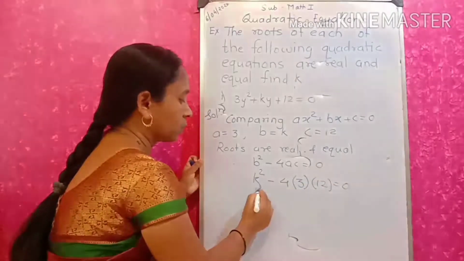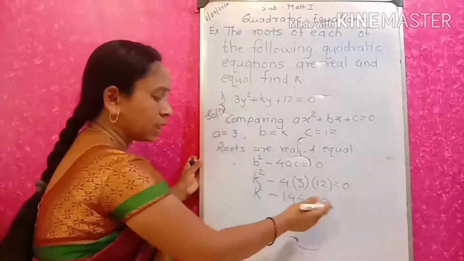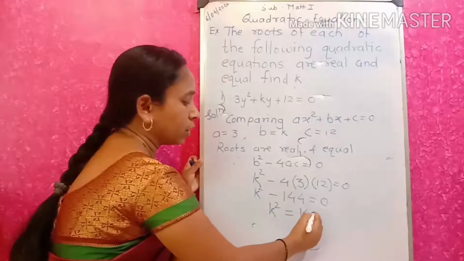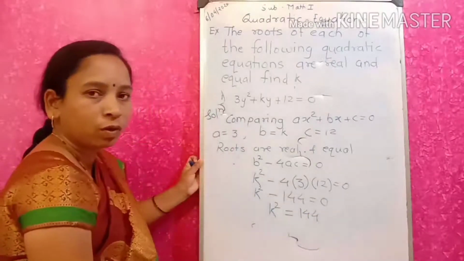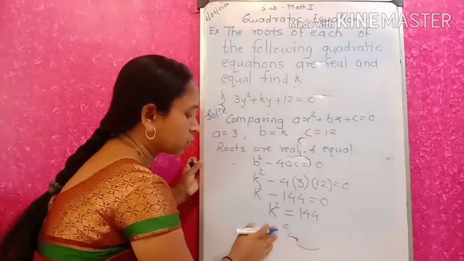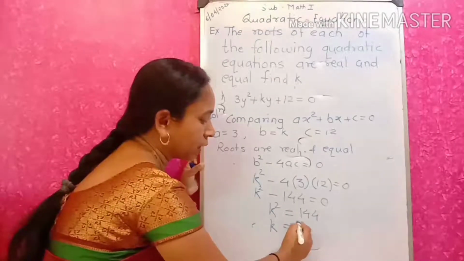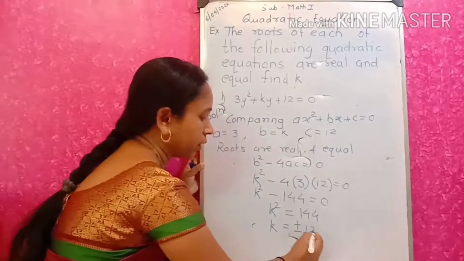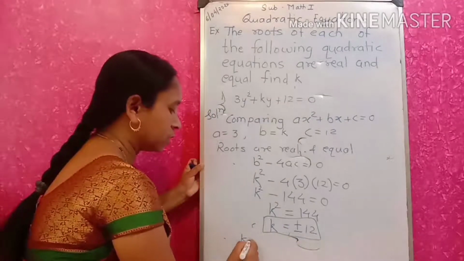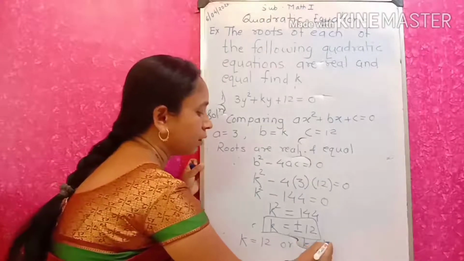So k square minus 144 is equal to 0. Transfer it to that side, so k square is equal to 144. Taking the square root on both sides, we get k is equal to plus or minus 12. Therefore, k is equal to 12 or k is equal to minus 12.